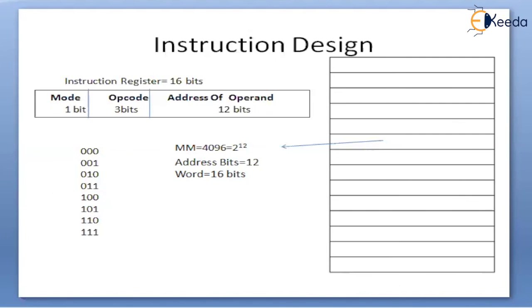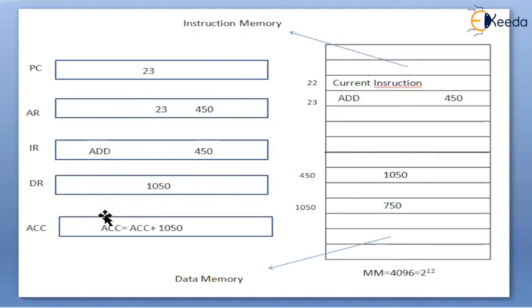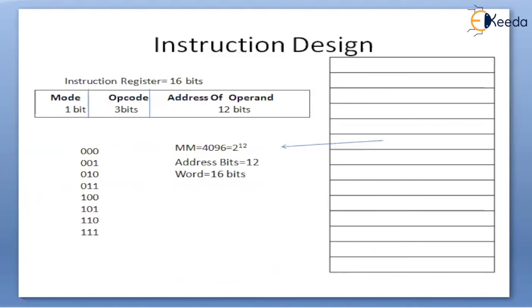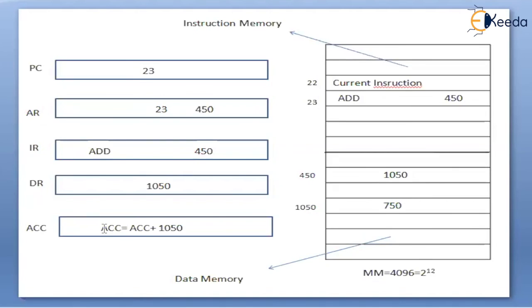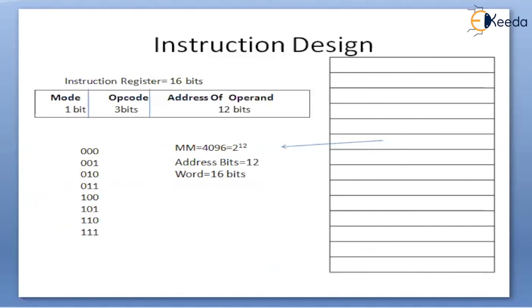If you want to perform an addition, it is performed between the operand specified in the instruction and the accumulator register's contents. The operand specified in the instruction will be added to the contents of the accumulator. This is how the instruction gets designed in the single accumulator organization.